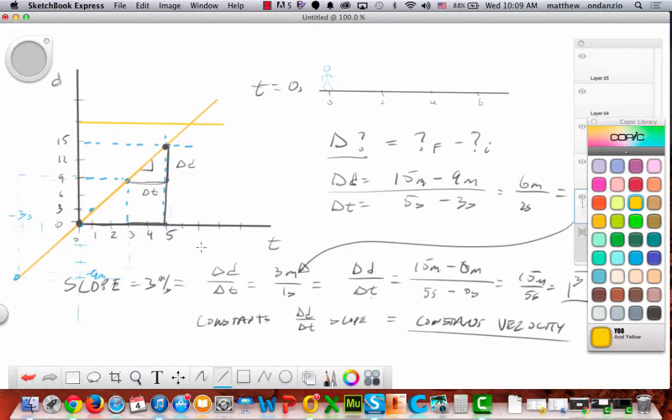So I'm standing still and the clock is ticking. Am I traveling at a constant velocity? Yes. What is my velocity? Zero. Beautiful. That's what I want to make sure we're clear on. We're at a constant velocity, though my velocity is zero. I'm standing still. Is that clear? Okay.